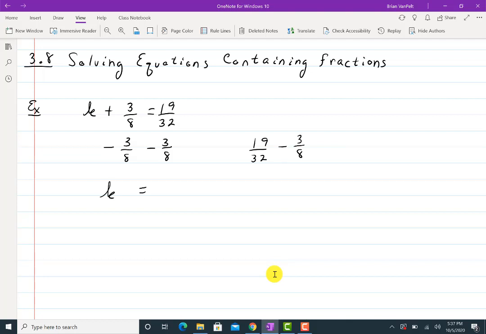Well, the LCD between those two is 32, so I have to rewrite them both over 32. Well, the 19 over 32, I didn't have to do anything there. But the 3/8, I had to multiply the 8 by 4. 4 times 3 is 12. So 19 minus 12 is 7 over 32.